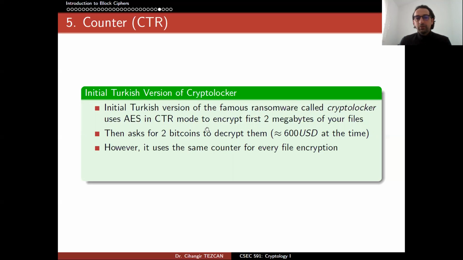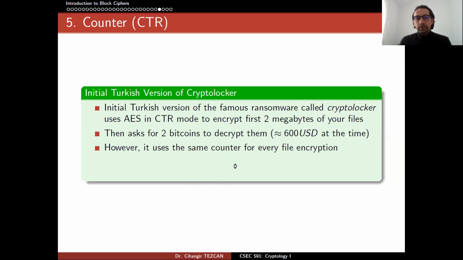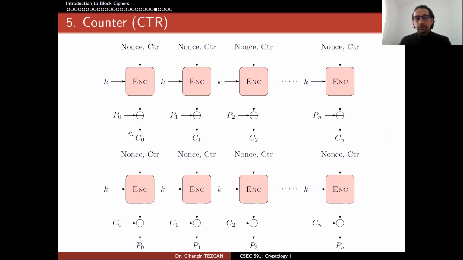But as I told you, they use the same counter for every file encryption. So this means that obtaining one unencrypted file is enough. Assume that you have the ciphertext here, because they encrypted your files. But if it is a file that you can also obtain the original version of, like a PDF file that is also on the web, you can download it and you can also get the plaintext blocks. So if you XOR your ciphertext with your plaintext, you will get the values here, which I called key stream.